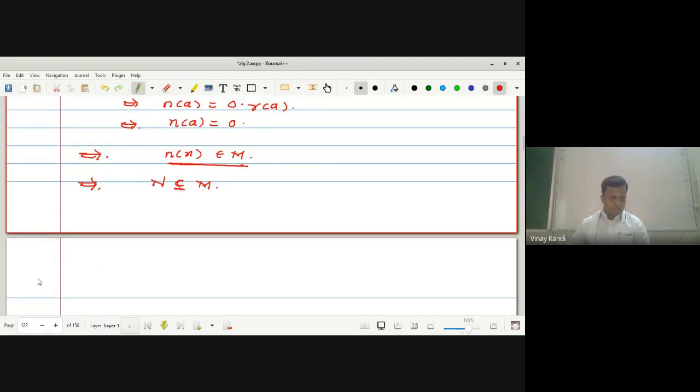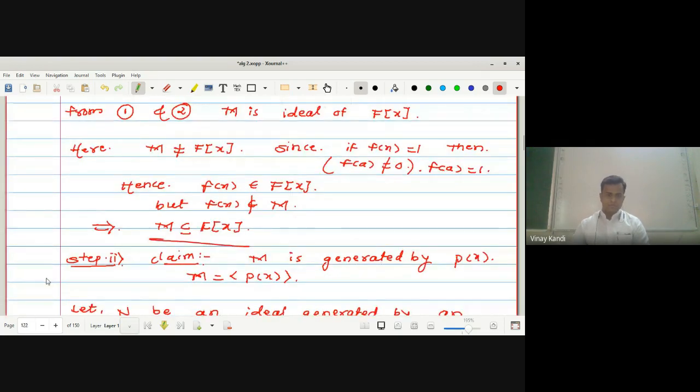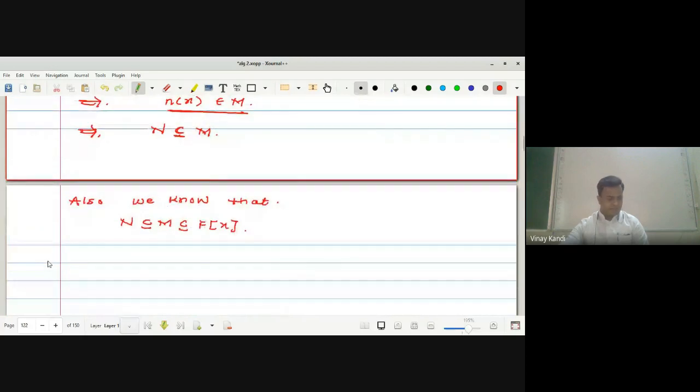Okay, so also we know that from the above, N is contained in M, and M is contained in F of x. And N is an ideal generated by an irreducible element.